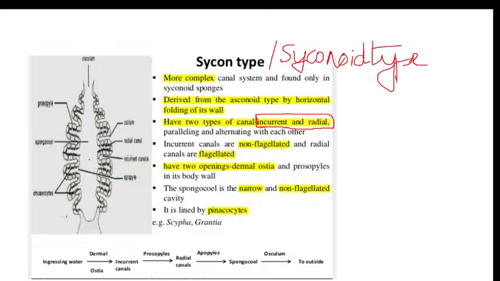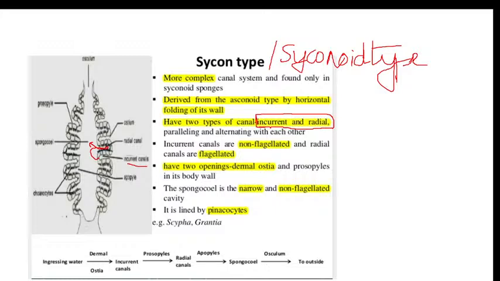The incurrent canals will be moving to the radial canals and then they will be coming into the spongocoel. This is the point which you have to stress about the cycanoid type.